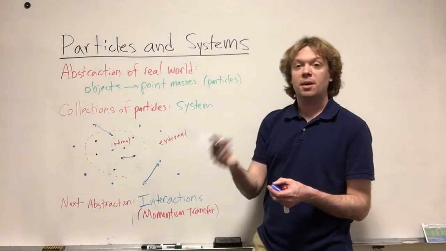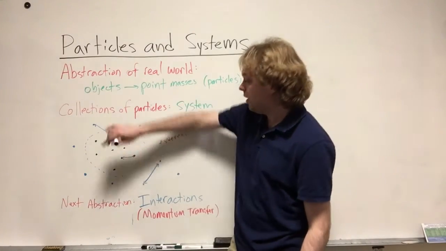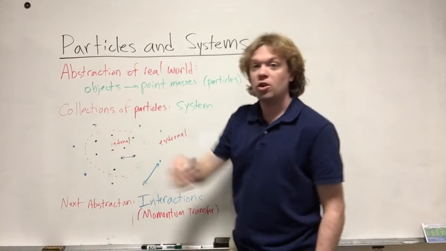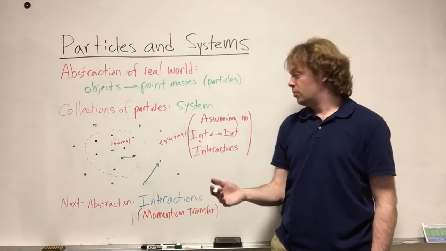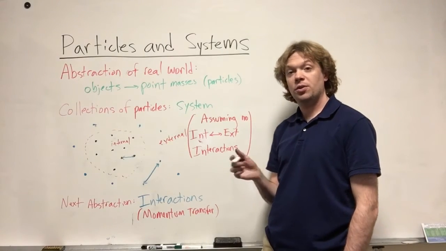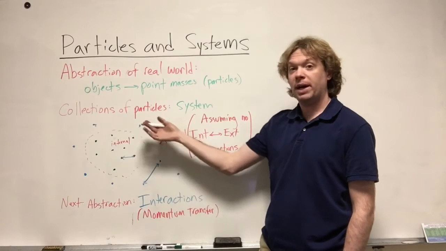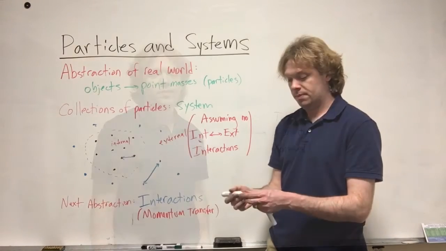So let's first make an assumption that those aren't there. So if we've picked a system such that those kinds of interactions don't exist, so if we assume that there are no internal to external interactions, that therefore there's no momentum transfer across the boundary, we can say something very powerful about this system.